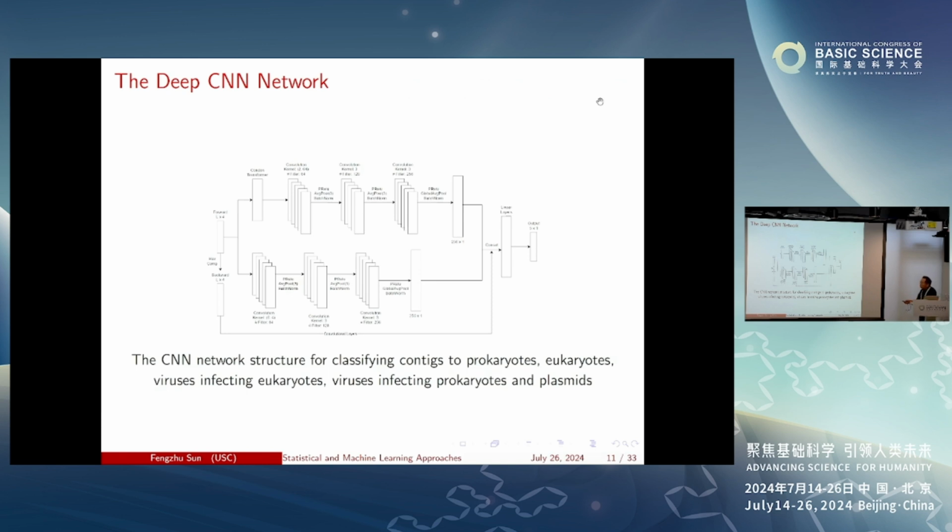And then we also use the amino acid encoding, which is just the reading frame of 3 letters, because when we predict viral sequences, protein information can be very important.